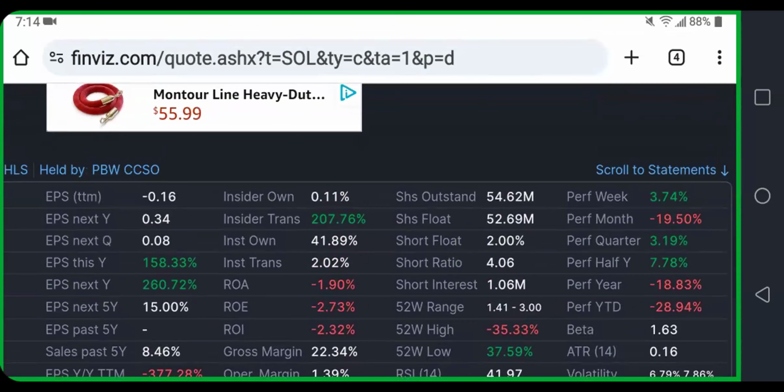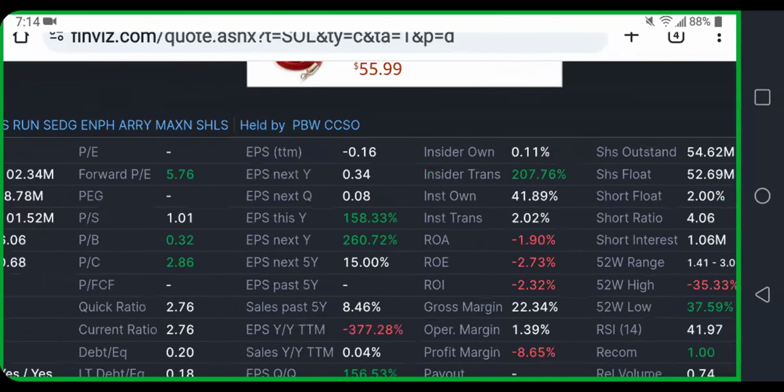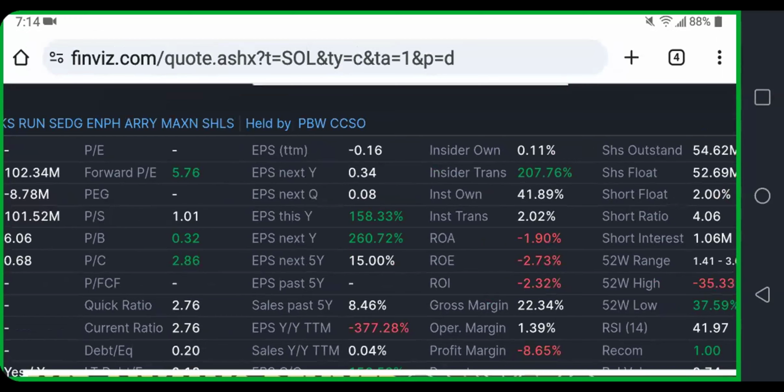This EPS is their earnings, that's 34 cents. So 6.59 divided by 0.34 will give us the P/E. But in this case, they didn't calculate it. So meaning this company probably, the people that do this may not have enough information, but they give us the forward P/E.